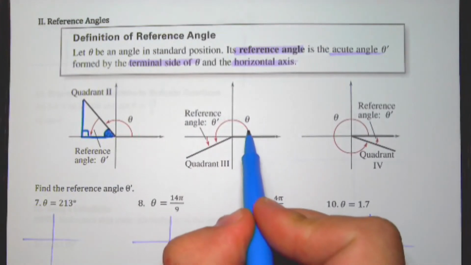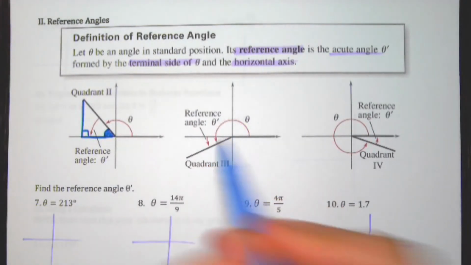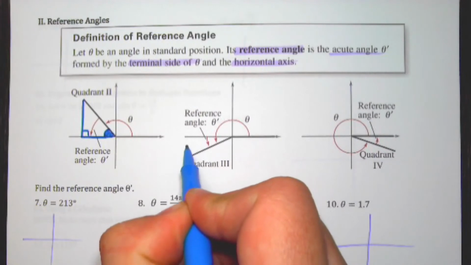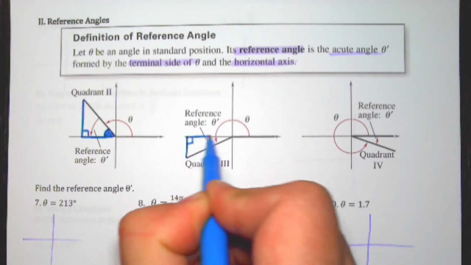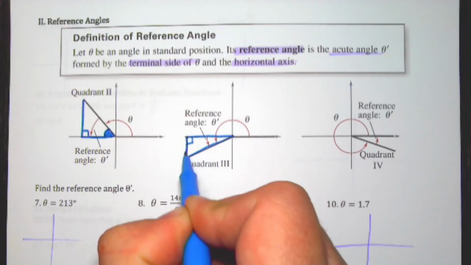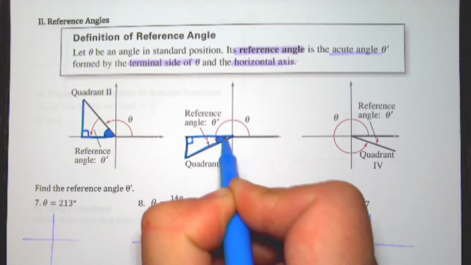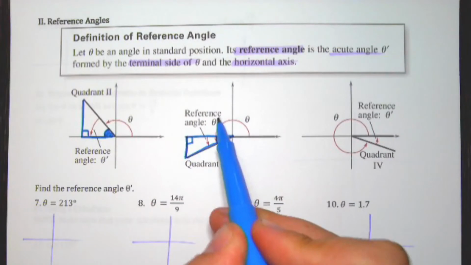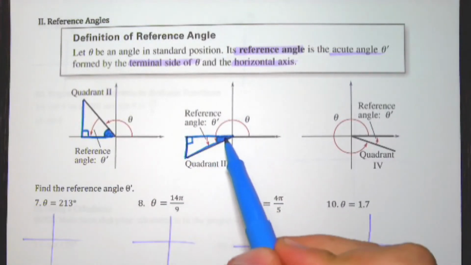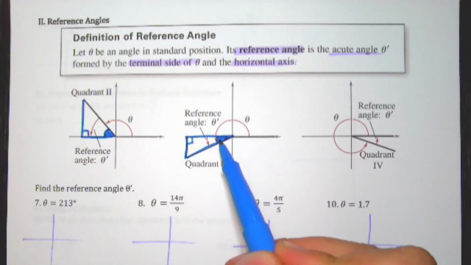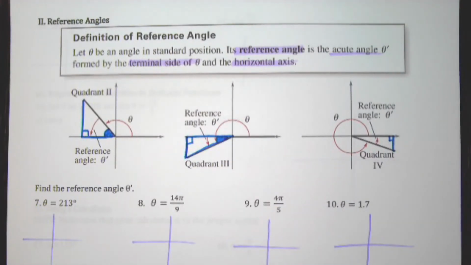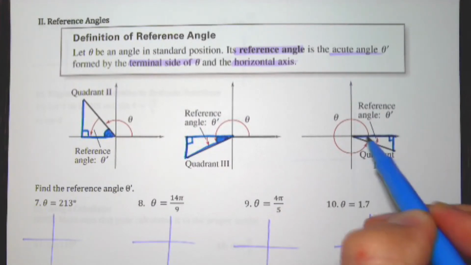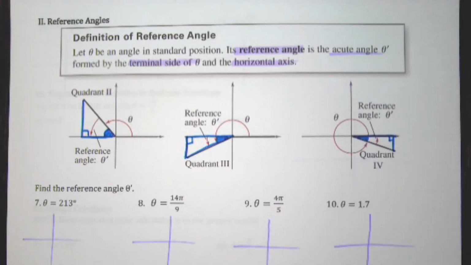So again, if this whole stretch is our theta, then we need to move up to form that right triangle with that x-axis again. And then this theta with the tick mark, we call that theta prime. That theta prime, or reference angle, is the angle we use. And then lastly over here, we again move either up or down till we hit that x-axis, make that right triangle, and we have our reference angle in there.